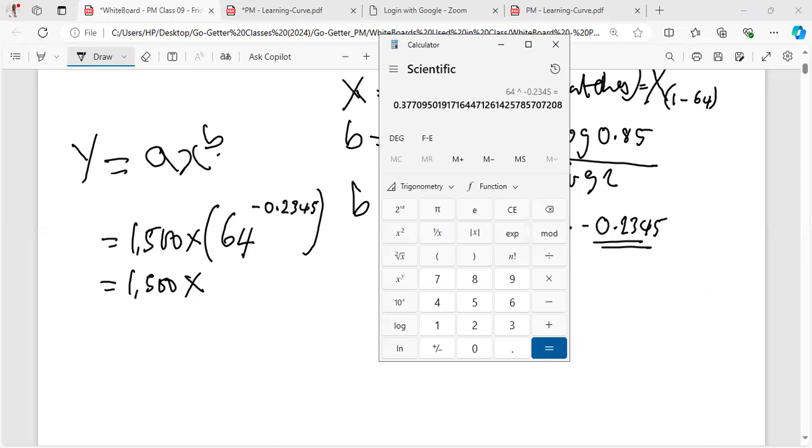When I press the equal to sign, it gives me 0.37711. If I approximate that 9 to 10, it's going to give me 0.3771 to 4 decimal places.